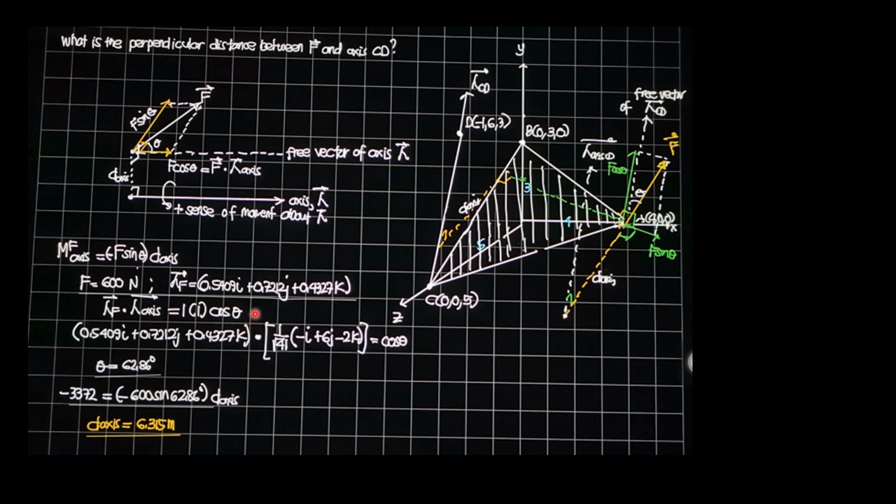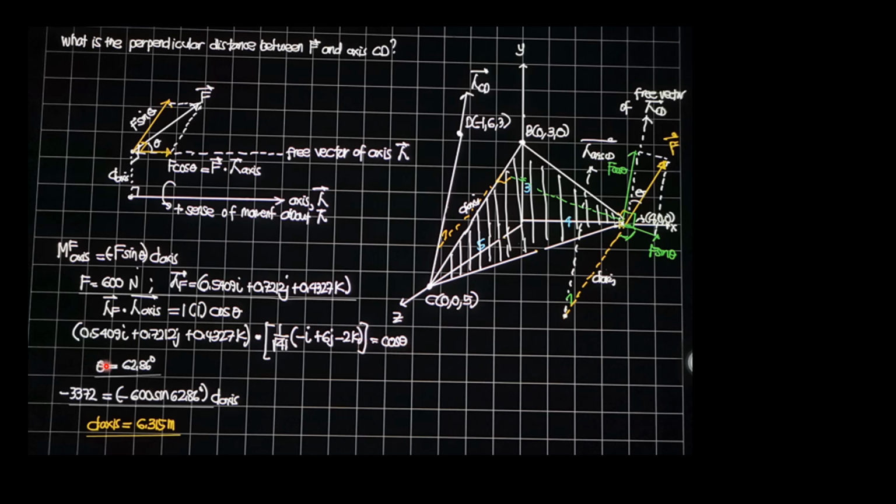We want to compute the angle between F and this free vector of the axis by dot product. So lambda of F times lambda of axis is the magnitude of lambda of F, which is 1, times the magnitude of lambda of axis, which is 1, times the cosine of the angle between them, which is theta. This is the unit vector of F, and this is the unit vector of axis CD, equals cosine theta.